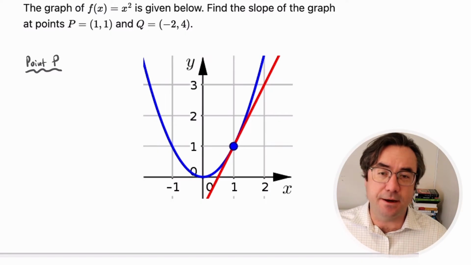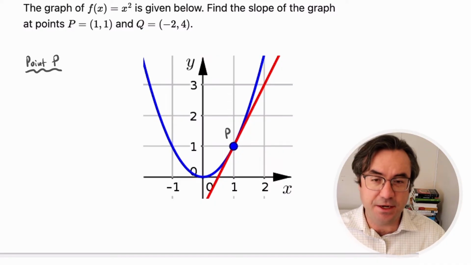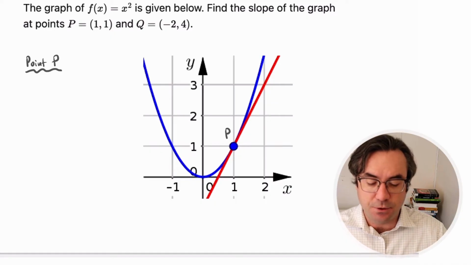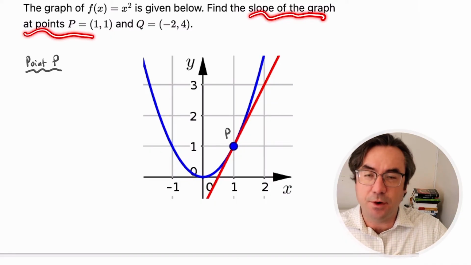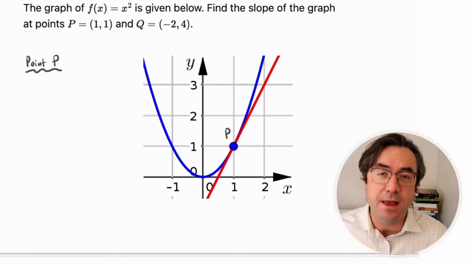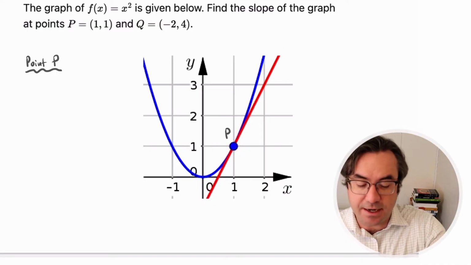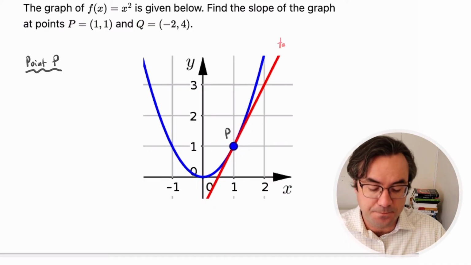All right, so the idea is first you identify the point of tangency on your curve. So we want to find the slope of our graph at point P. So we first find where point P is on our graph, and then we draw the tangent line there. In this case, the tangent line is already drawn for us.